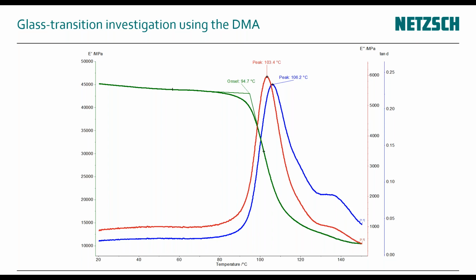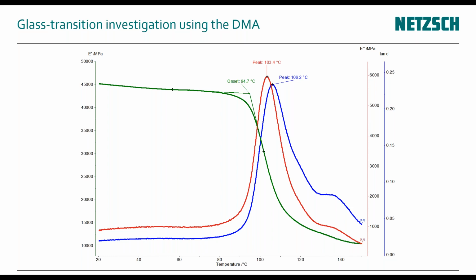For the loss modulus E double prime in red, you see a peak at the glass transition temperature of about 103 degrees Celsius. And for the tan delta, shifted to the right a little bit more, you can see another peak displayed in blue with a top temperature of 106 degrees.